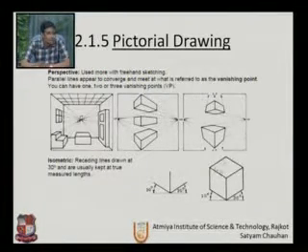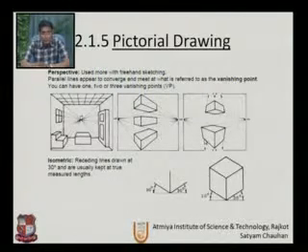For example, this object is drawn with 30-degree lines, so we need to first produce the lines which are 30-degree inclined and then build any solid geometry with reference to those lines. So that is the basic difference between perspective drawing and isometric drawing. In isometric, all lines will be at 30 degrees.